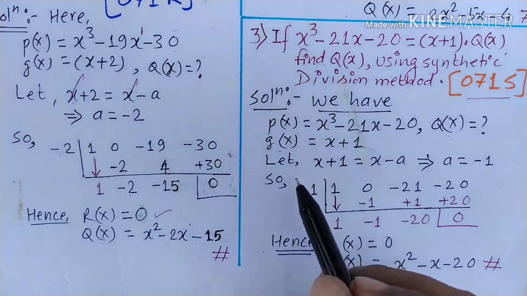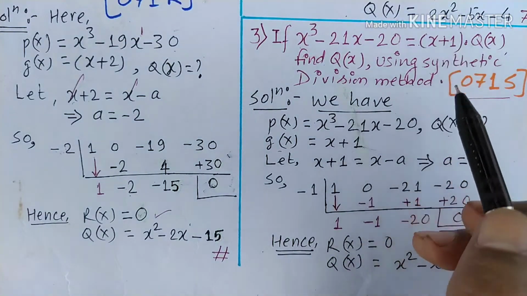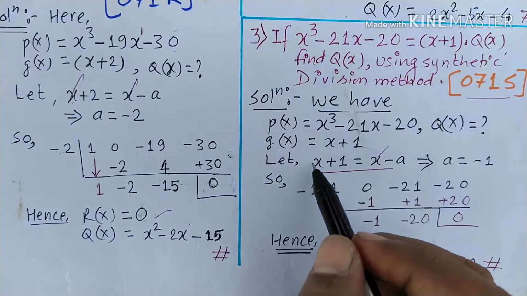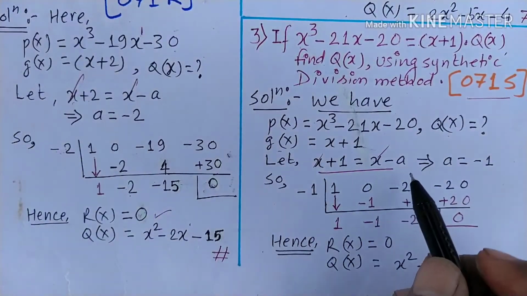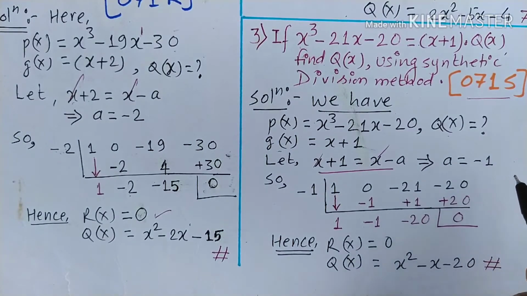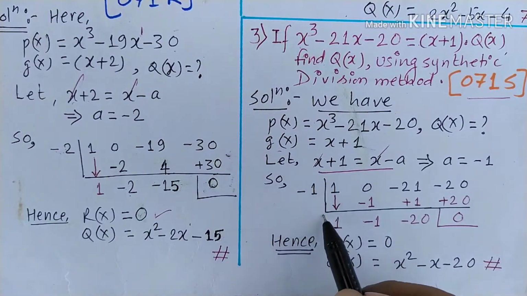Again, we should compare x plus 1 with x minus a. Here this x and this x will cancel out each other, and a is equal to minus 1. It is the divisor, so we write here minus 1.